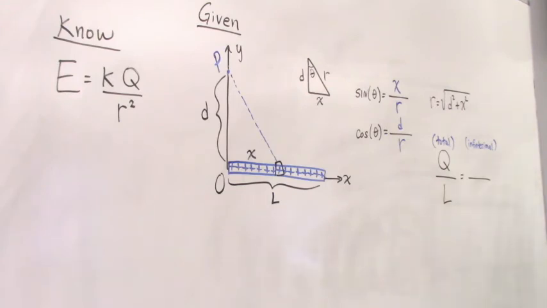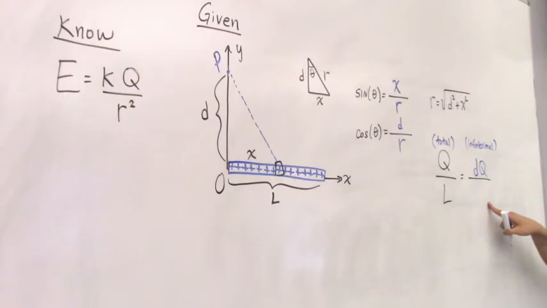Okay? Then let's take a look at the concept here. If this bar has a total charge capital Q, some amount, divided by its total length, that's the total charge per total length. But if I look at the infinitesimal, that would be what? That would be infinitesimal charge dq. D what?